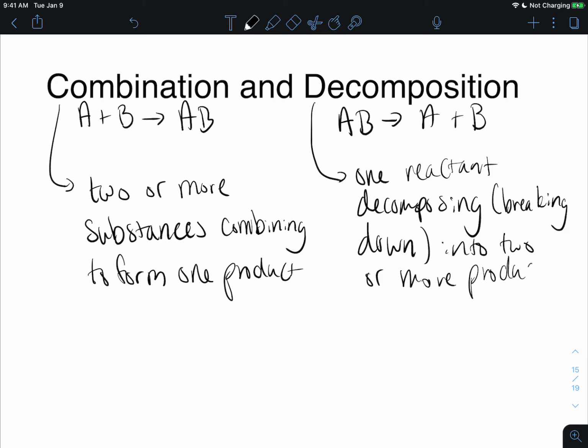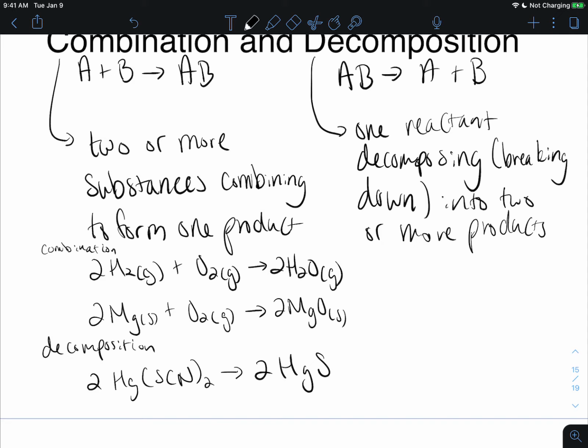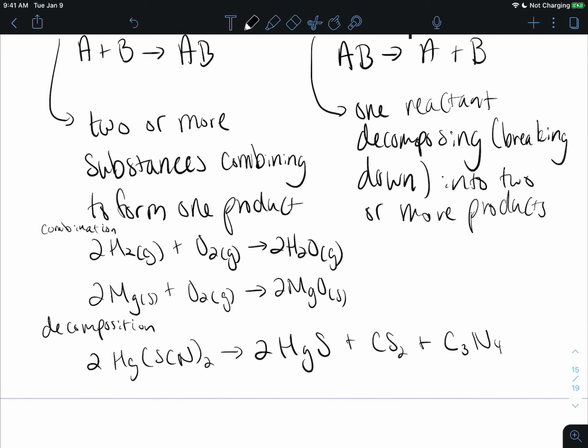Decomposition, I need a little more room. So these are my combination. Decomposition. 2HgSCN goes to 2Hg mercury sulfide plus carbon disulfide plus C3N4, or something like this.